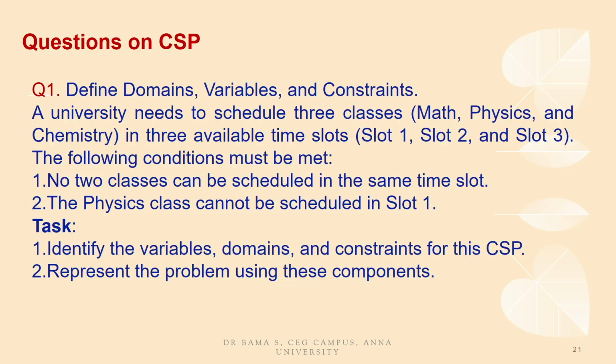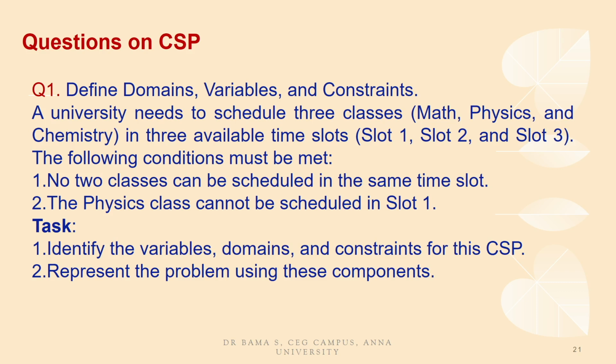Now, we have seen the constraint satisfaction problem, one of the solutions through the AC3 algorithm. Now, there are a couple of questions on the constraint satisfaction problem. The first question would be to define domains, variables and constraints for this specific problem.